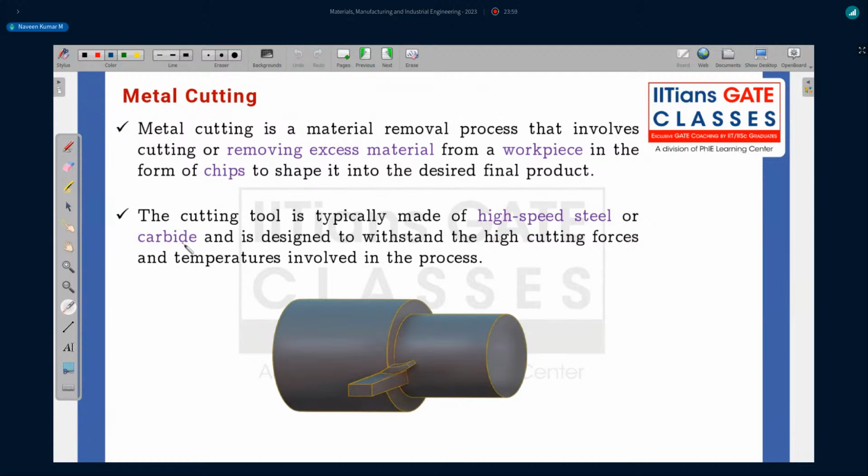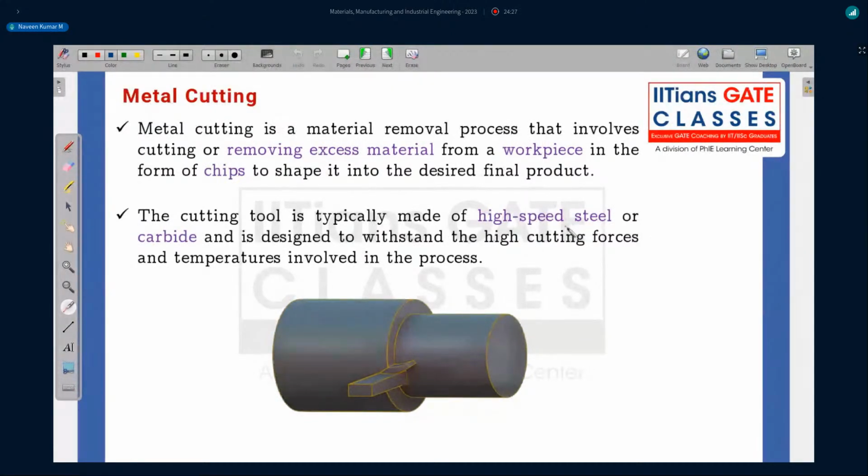Every time you mix carbides into it, they have a good amount of carbon, which gives high strength and hardness, and that material we can use as a tool to remove the workpiece material in the form of chips. It is designed to withstand the high cutting forces and temperatures involved in the process.